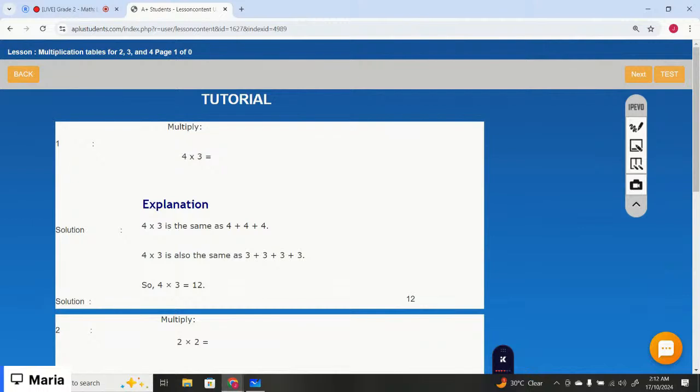You have the same answer in both cases, right? If you add 3 four times or if you add 4 three times, you have the same answer, that is 12. So multiplication is same as repeated additions.